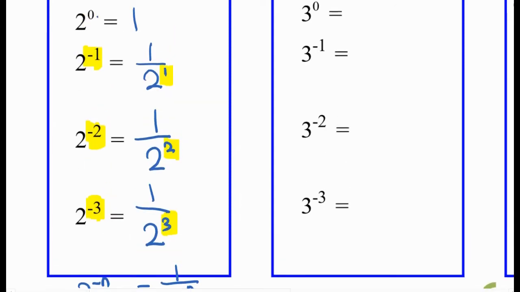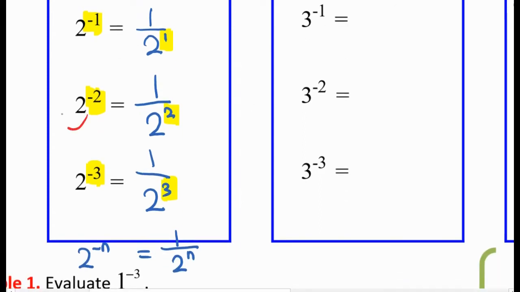So basically, you can just flip the number. So 2 becomes 1 over 2 and make the exponent positive. Same thing, you can just flip this number, which becomes 1 over 2, and make the exponent positive. Flip the number and make the exponent positive.